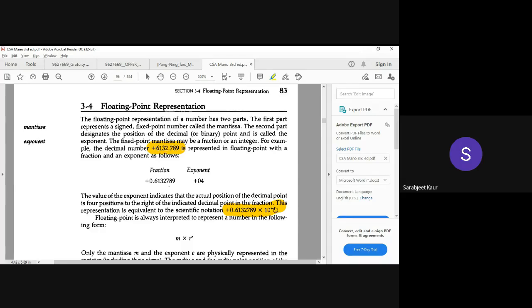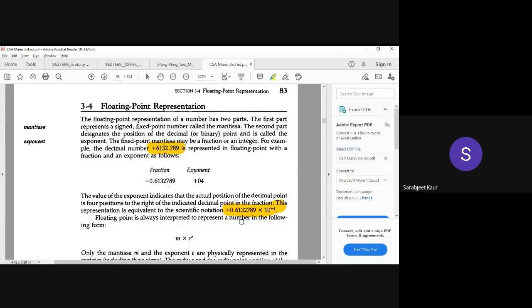So what we do is instead of storing the decimal itself, we store this number, this value, and we call it the mantissa, or the fraction. And this part, that is plus 4, we call it the exponent.